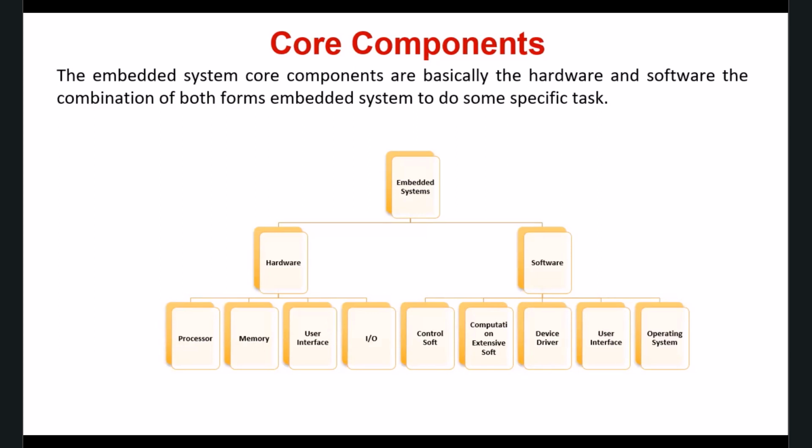Hardware is divided into units like processor, memory, user interface, input output, and the software is divided into parts like control software, computational extensive software, device driver, user interface, and the operating system. So these are the core components required to develop any embedded system.